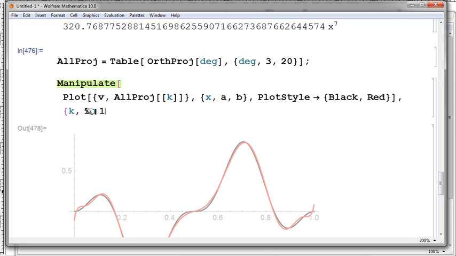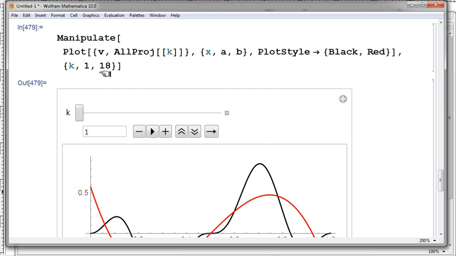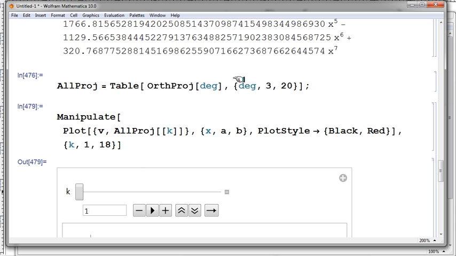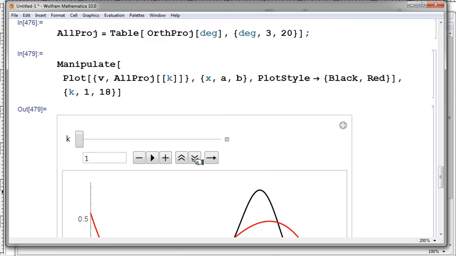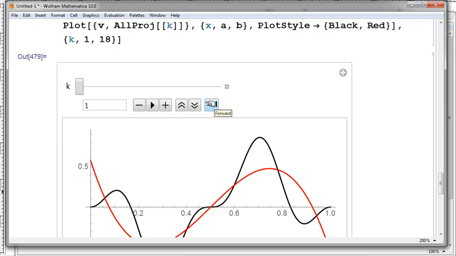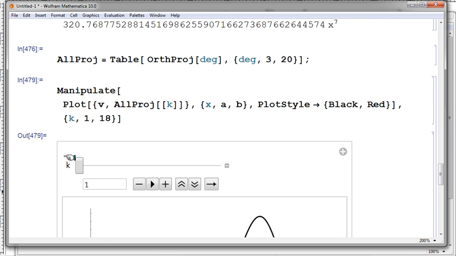Then it's going to do degree 3 and degree 20 and things like that. All right, finally it did. So the first one is degree 3, and I could have added something indicating what the degree is here, but what you have to do is K plus 2. So K is 1 and plus 2 is degree 3.